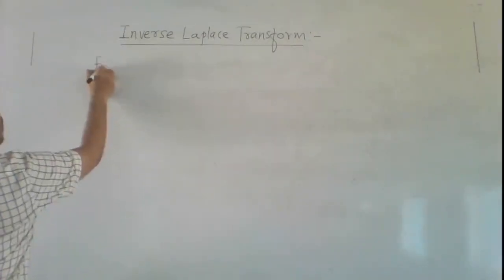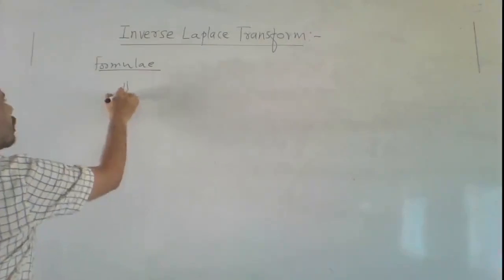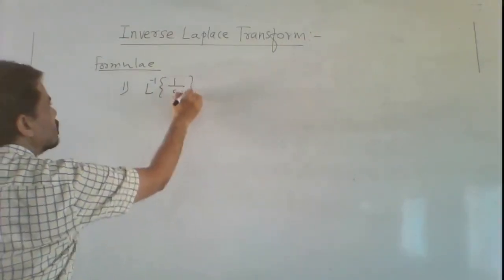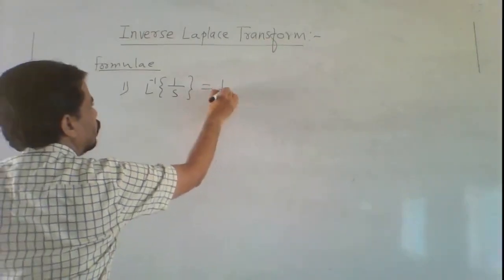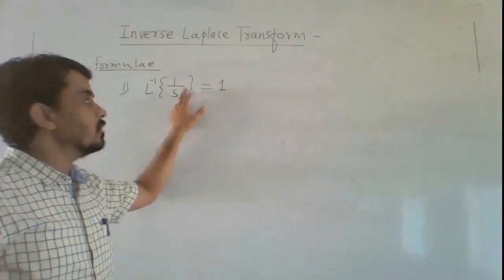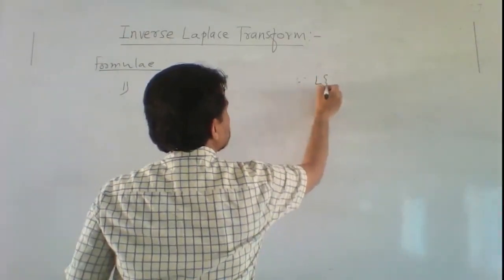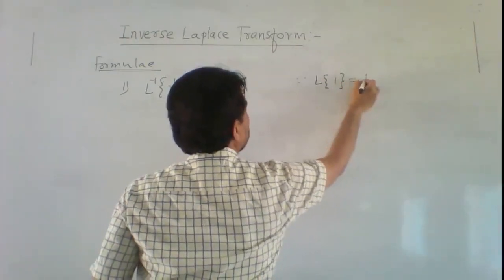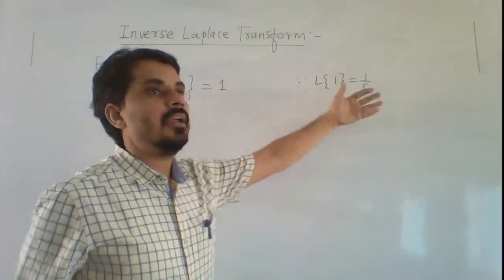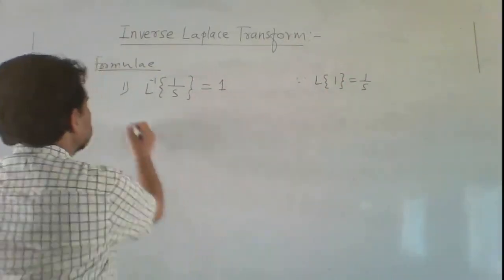First formula: L inverse of 1 by s is equal to 1, since Laplace transform of 1 is 1 by s. This is the formula of Laplace transform. So L inverse of 1 by s equals 1.